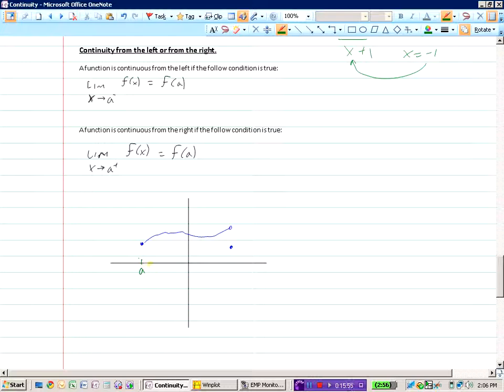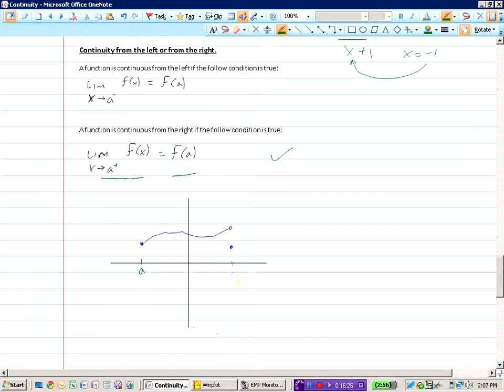So for a function to be continuous from the right, we'd have to look at, does the limit as x approaches a of f of x equal f of a? So when I approach a from the right, is it the same value as my function value at a? Yes or no? Yes. The limit from the right is coming down towards this value here, which is the same as my function value. So for this example, the function would be continuous from the right at a.